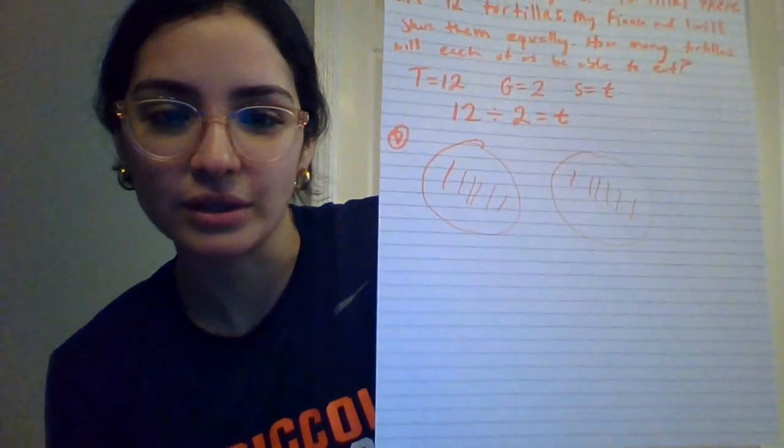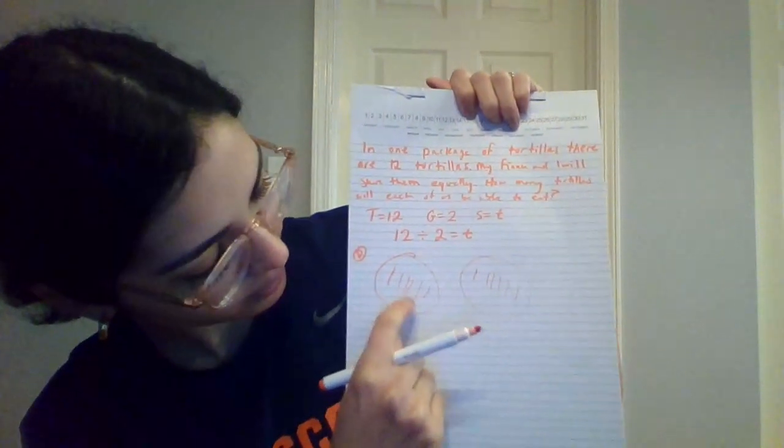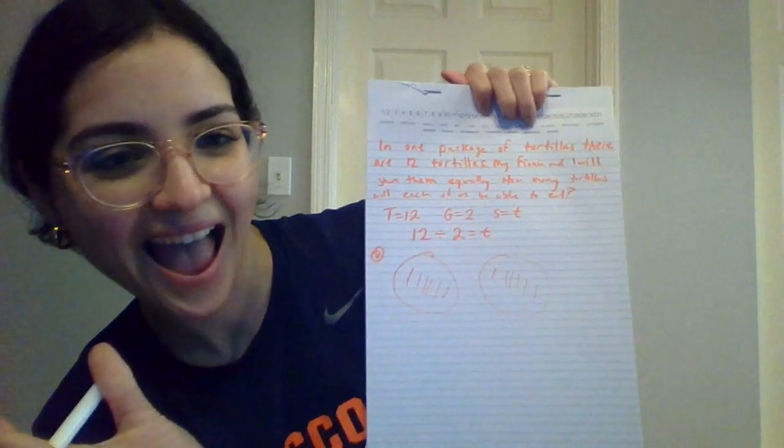So now that I've drawn those out, I can count the size for each of them. So my size is 1, 2, 3, 4, 5, 6. Yay. So T equals 6. So each of us will be able to eat 6 tortillas if we share them equally. So that's our first math problem that we created, already solved and written out.